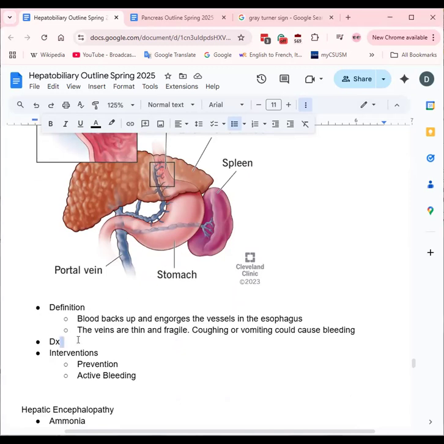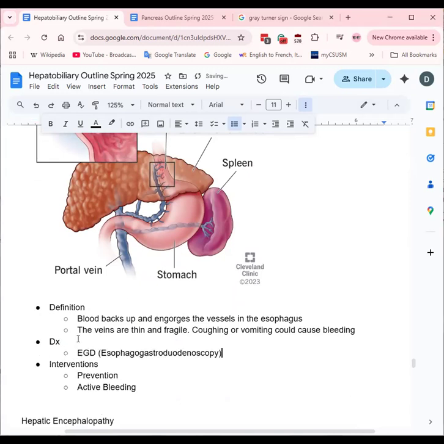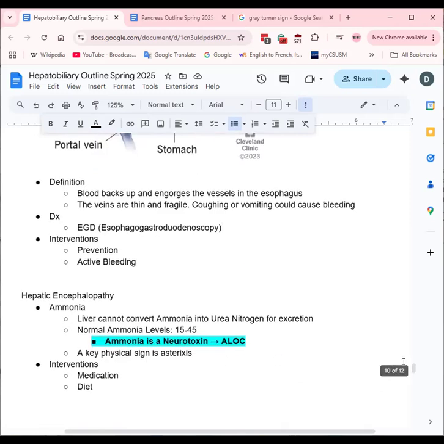This is diagnosed with the EGD, which is your upper GI diagnostic, as well as signs of bleeding, like them bottoming out and having a change in their level of consciousness.